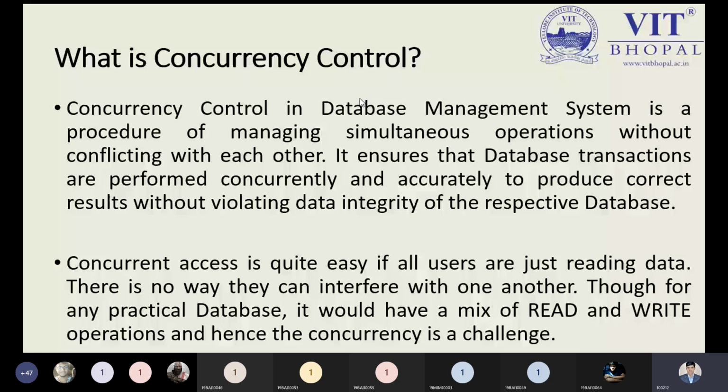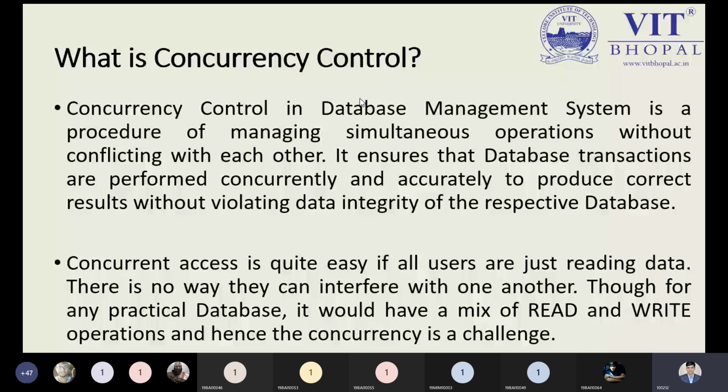When you are writing something on a data item, and at the same time another transaction is also reading the same thing, a conflict may occur. In conflict serializability, we need to transform or convert the schedule into a serial schedule to see things properly.